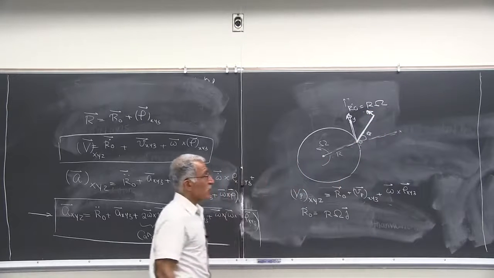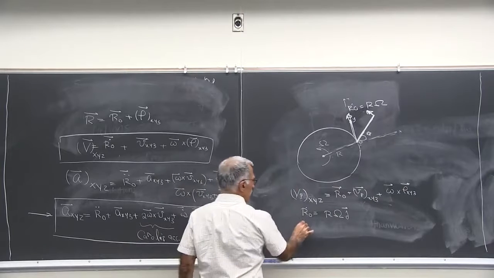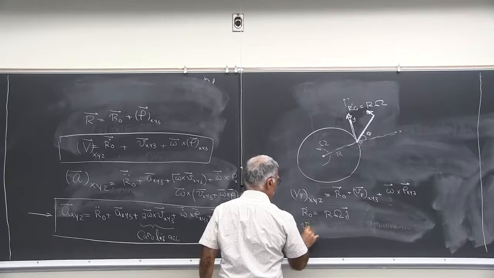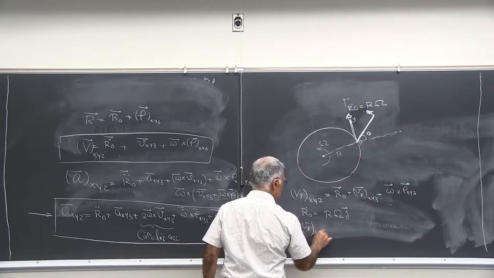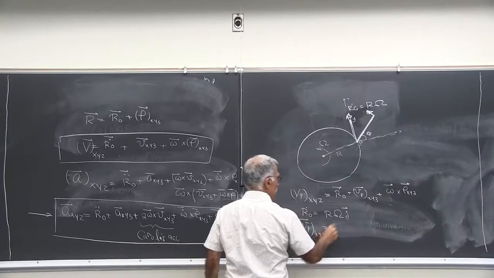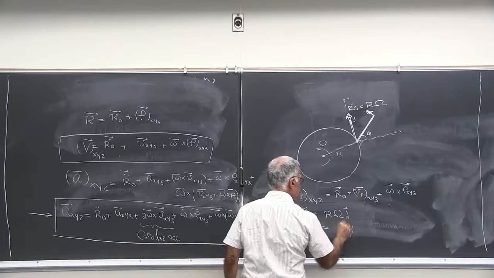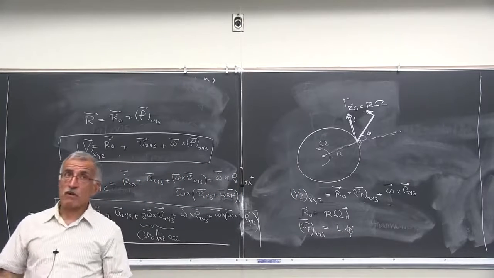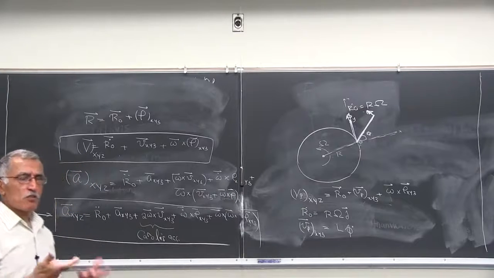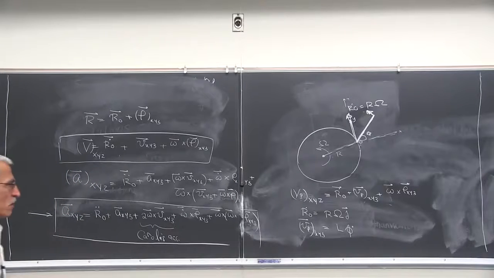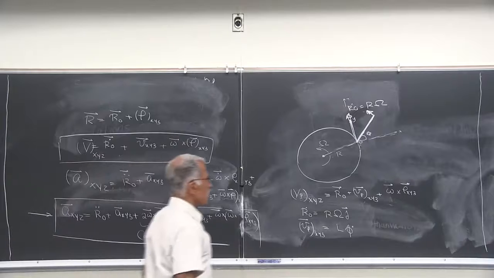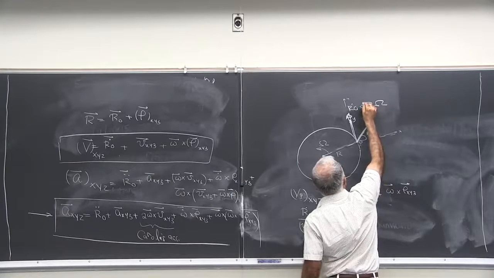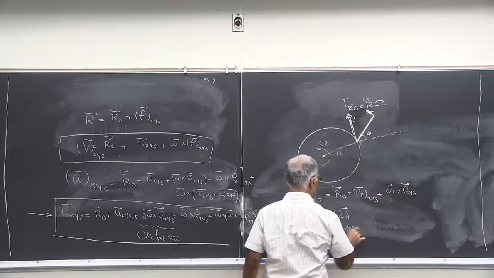That is another vector. So velocity of point P with respect to this xyz is equal to L phi dot. And if you know phi as a function of time, how phi is changing as a function of time, you have an Excel sheet, you should be able to say what phi dot is. And the direction of that one is in this direction. Let's call that direction E phi.